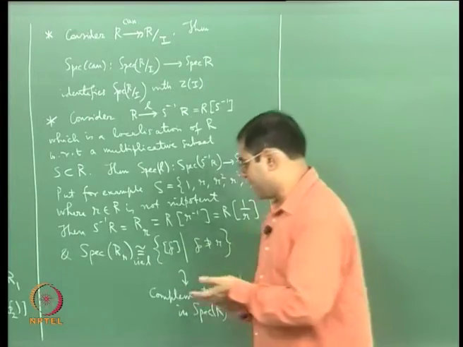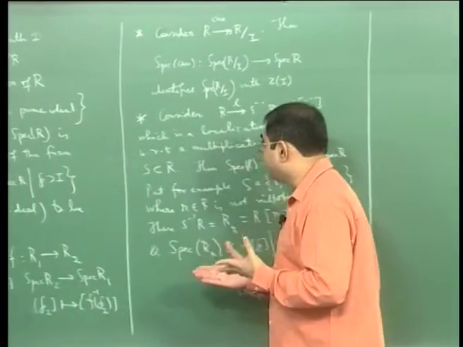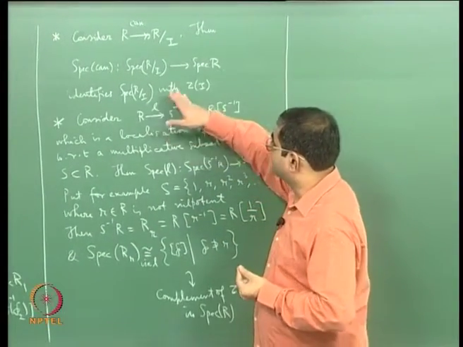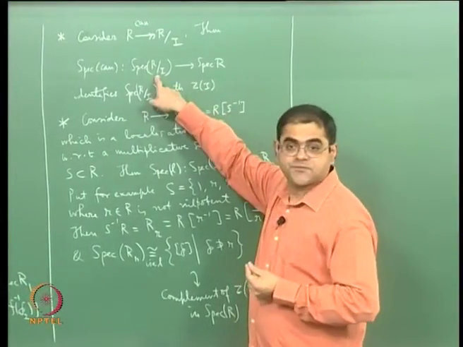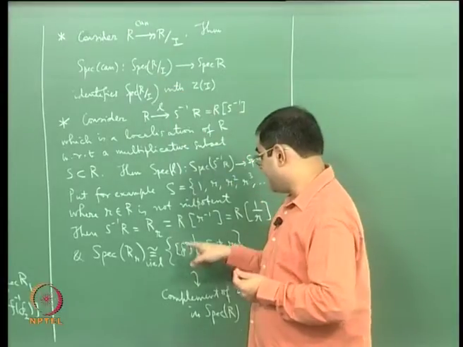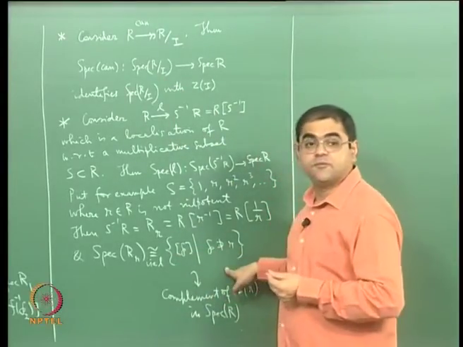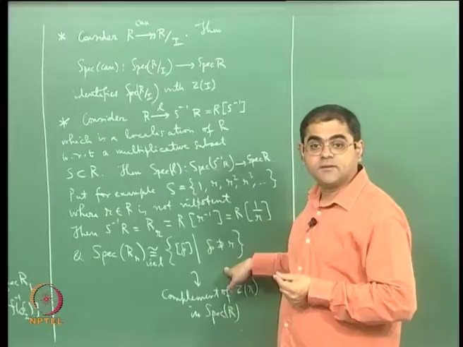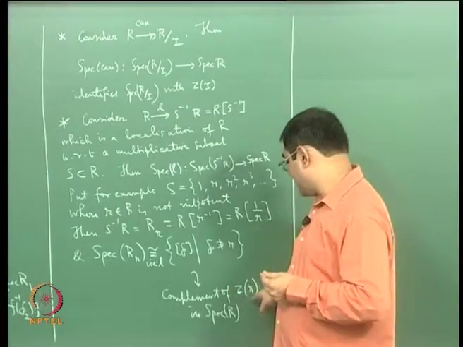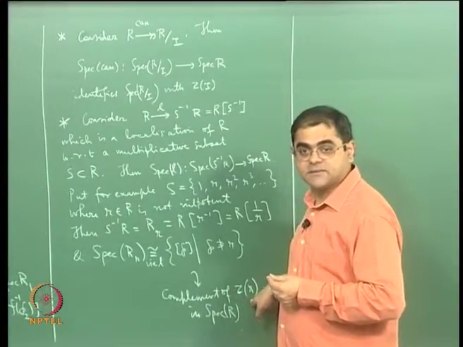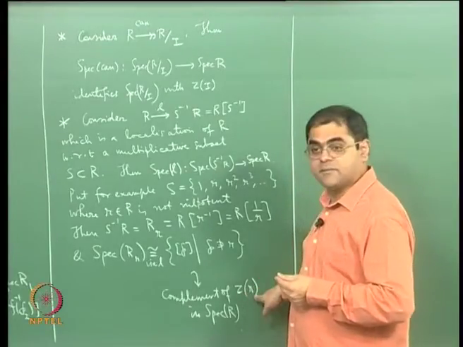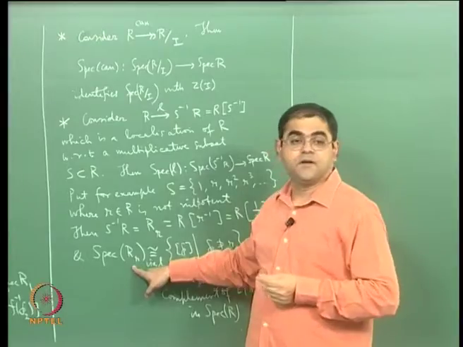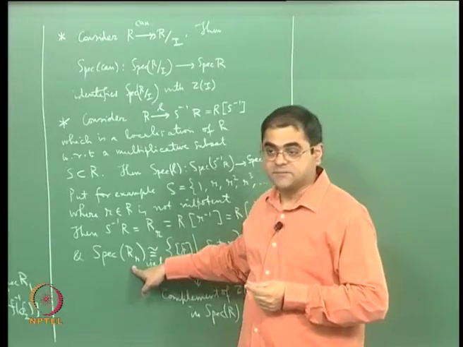So roughly the point is that closed subsets correspond to quotients, okay, and open subsets given by the complement of the zero locus of a single element correspond to localizations by that element, okay.